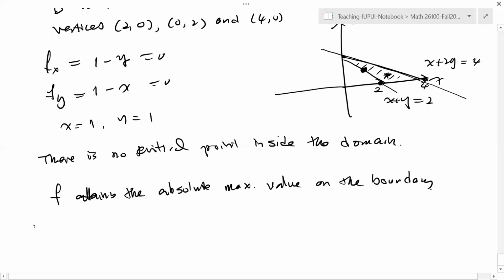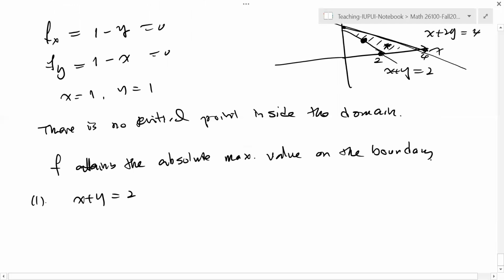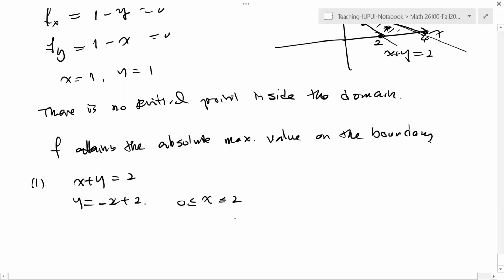The first one, x plus y equals 2, meaning that y equals negative x plus 2, so x is between 0 and 2. Now the function restricted to this line: the first value is still x, the second value is negative x plus 2.